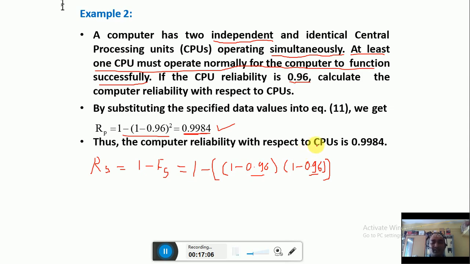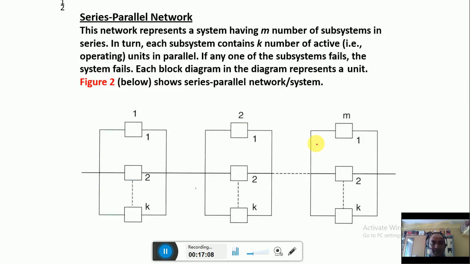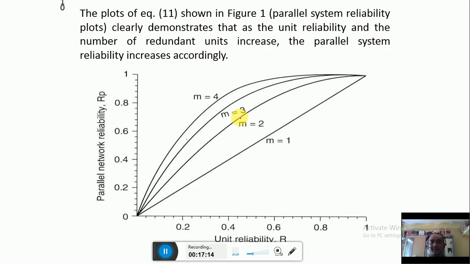in the configuration. Okay, so just before going into the next slide, we'll see the previous slide. That is the comparison. You can see here, if there is only one component, obviously the system reliability will be equal to the same. If two components are there, you can see the rate of increase in the reliability is much more.